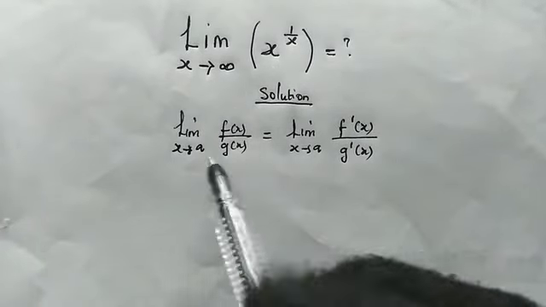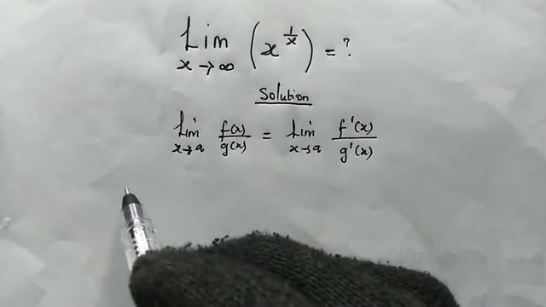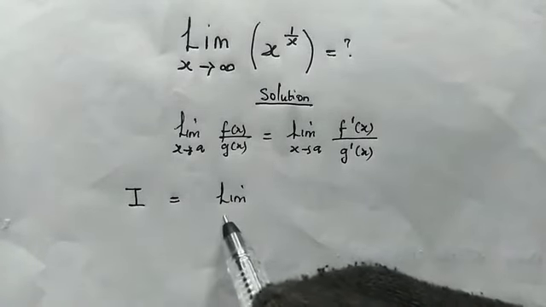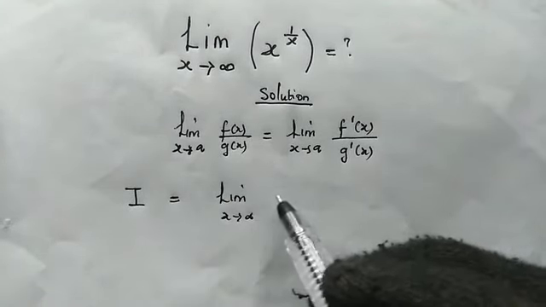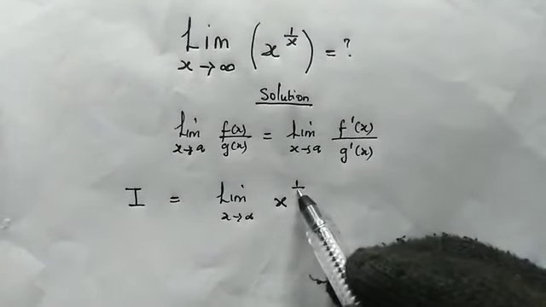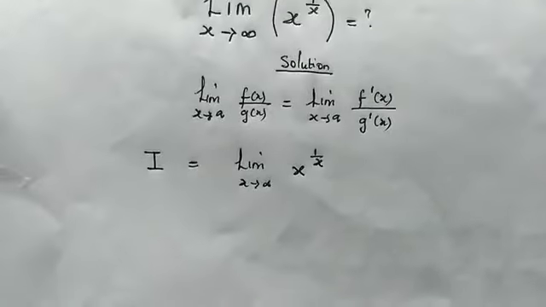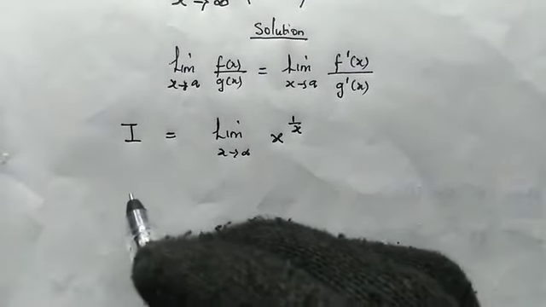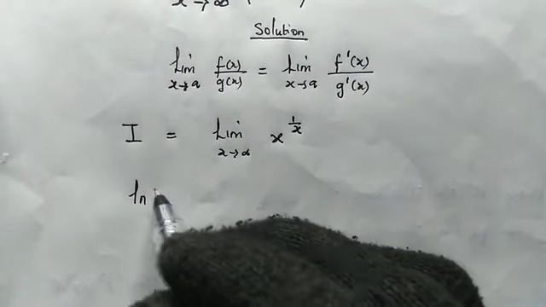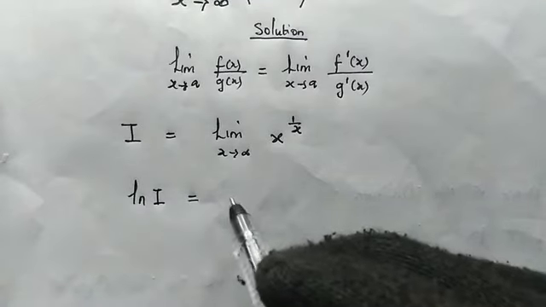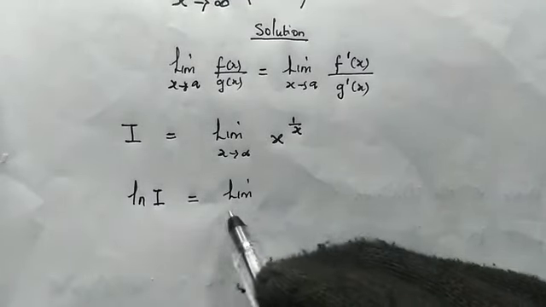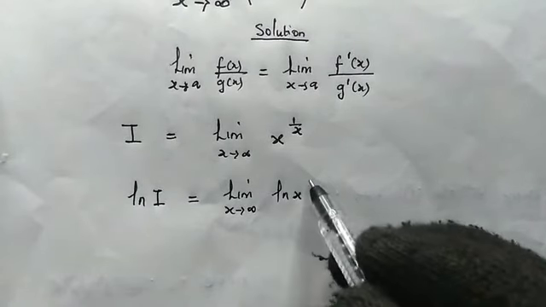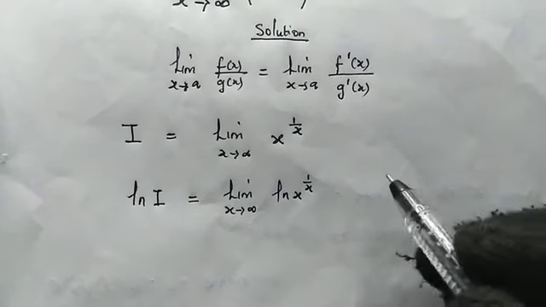Now, let's call our limit I. So I is the limit as x approaches infinity of x to the power of 1 over x. From both sides, we're going to take the natural log. So here we have the natural log of I, equal to the limit as x approaches infinity of the natural log of x to the power of 1 over x.